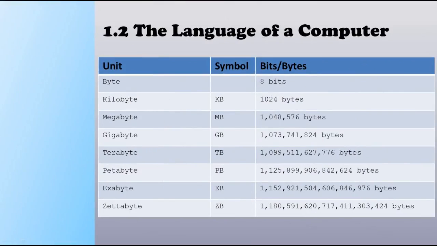A byte includes 8 bits. A kilobyte includes 1024 bytes. A megabyte, 1,048,576 bytes. A gigabyte, 1,073,741,824 bytes. A terabyte, 1,099,511,627,776 bytes. A petabyte, 1,125,899,906,842,624 bytes. An exabyte, 1,152,921,504,606,846,976 bytes.